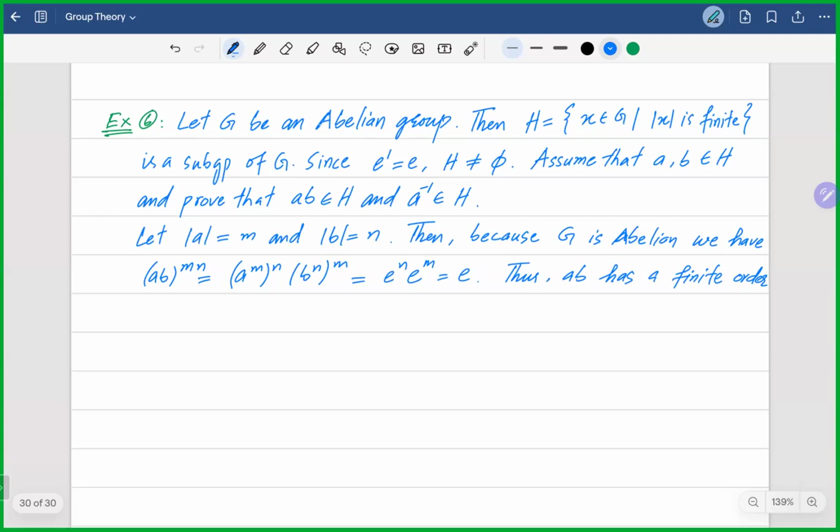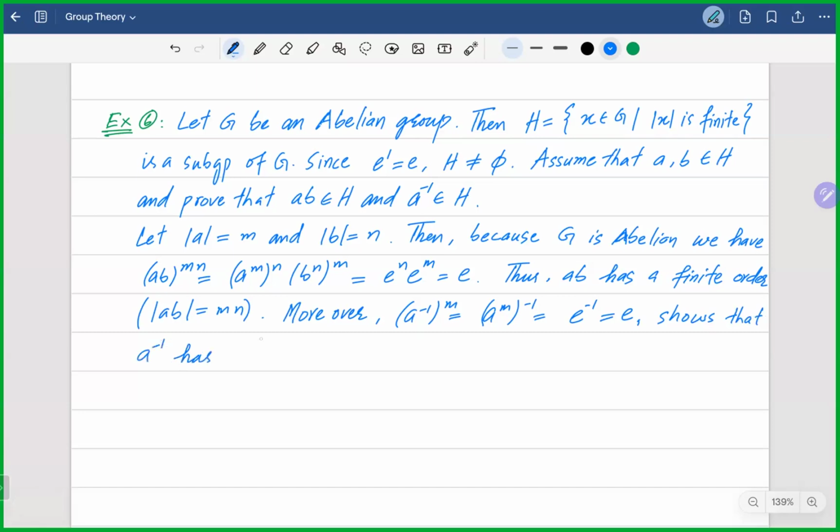This shows that order of AB divides MN, right? Moreover, A inverse power M is going to be A power M inverse, which is going to be E inverse, which is E. So this shows that A inverse has finite order. Perfect.